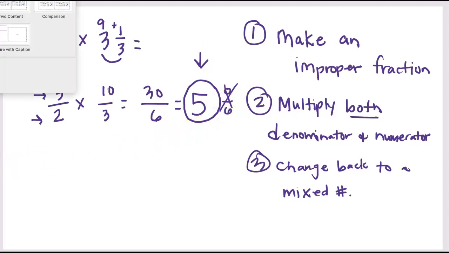Okay, I'm going to do one more practice problem here. Say I have, and feel free to go back to that slide and pause it if you're working on some extra practice pages that I'll tell you about here in a minute. But say I have 5 1/2 times 2 1/4.